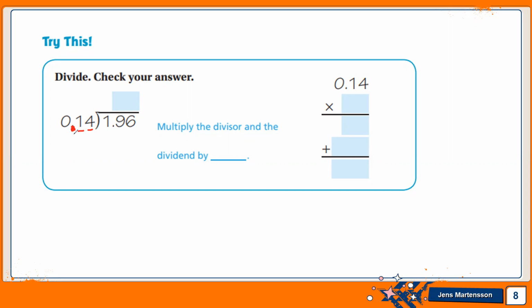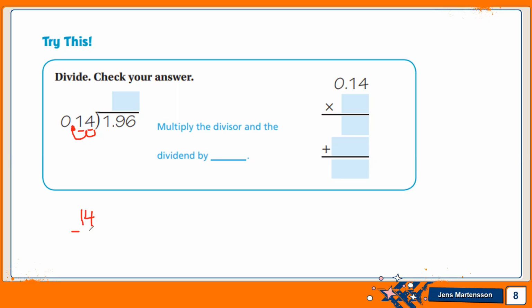So it comes as, after you move it 2 digits, how it will be? 0.14. After you move it 2 digits, it will be 14. Bravo.